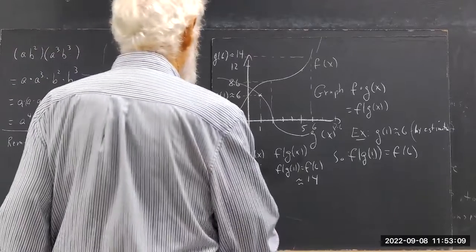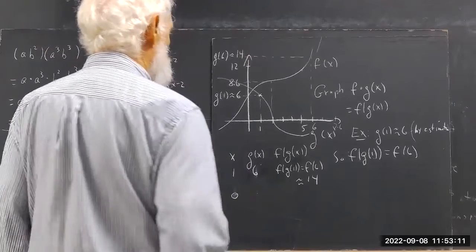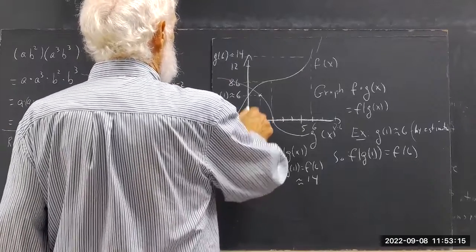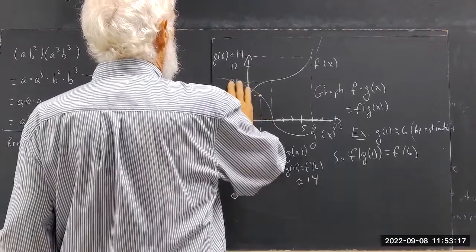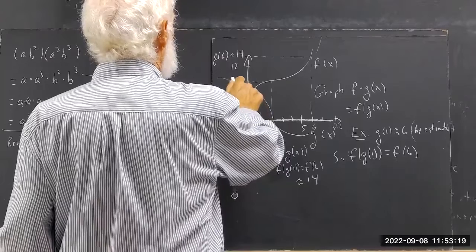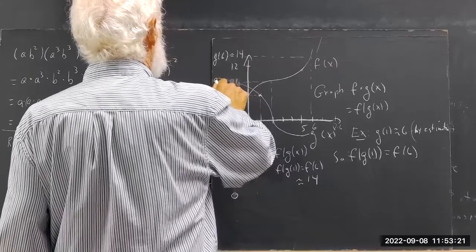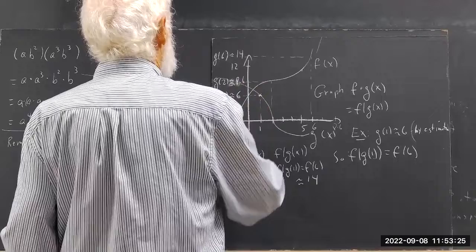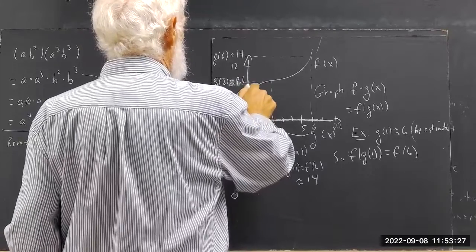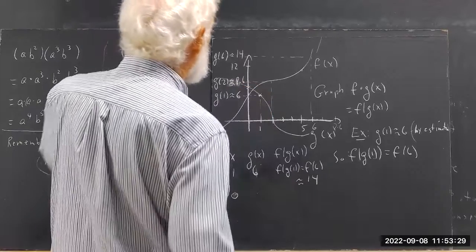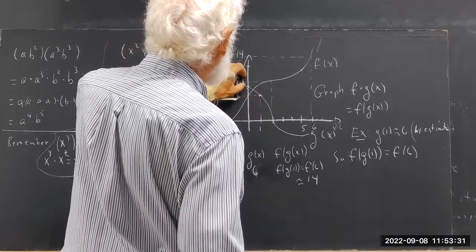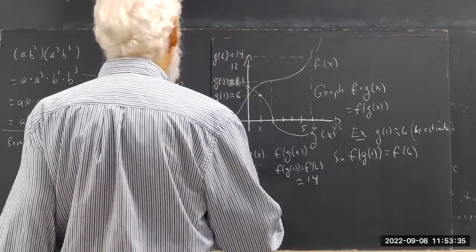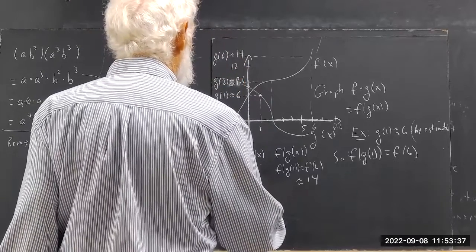Instead of going out to 2, for example, we're going to go to 0. G of 0 is the coordinate here, and that is maybe 10. G of x is maybe 8.